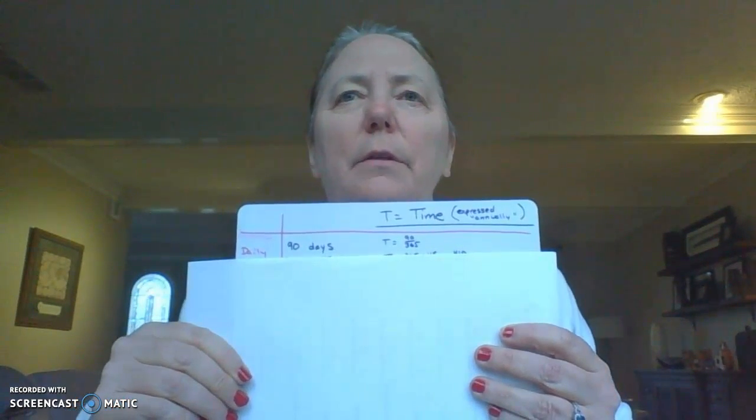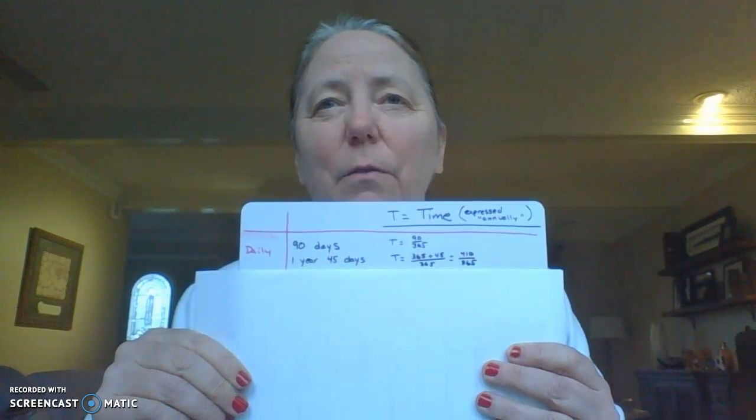So I want to just walk through here with you real quick. Computing the T, if it tells you that it's a 90-day loan or a 90-day deposit, your T would be equal to 90 divided by 365, because there's 365 days in a year.